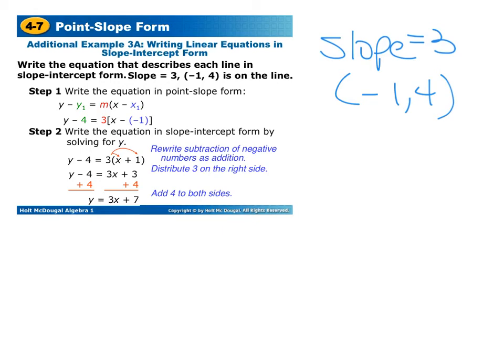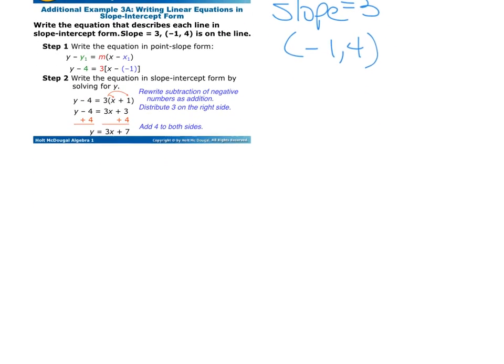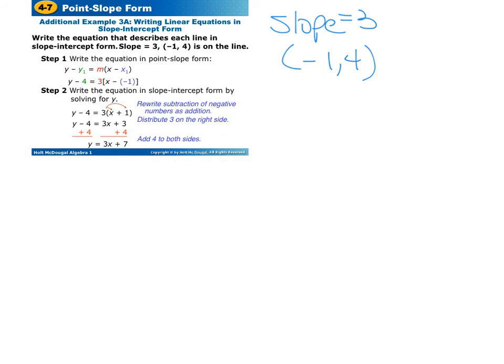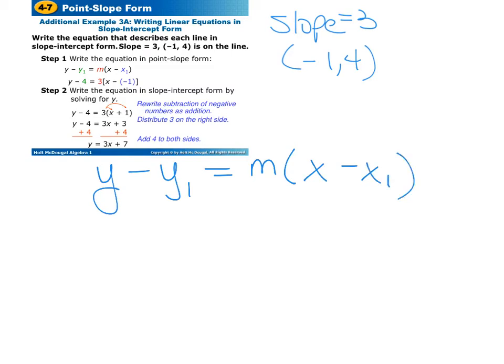Can somebody tell me the point slope form of the equation? What's the formula? Y minus what? Y1. And then what? m, and then parenthesis x minus x1.